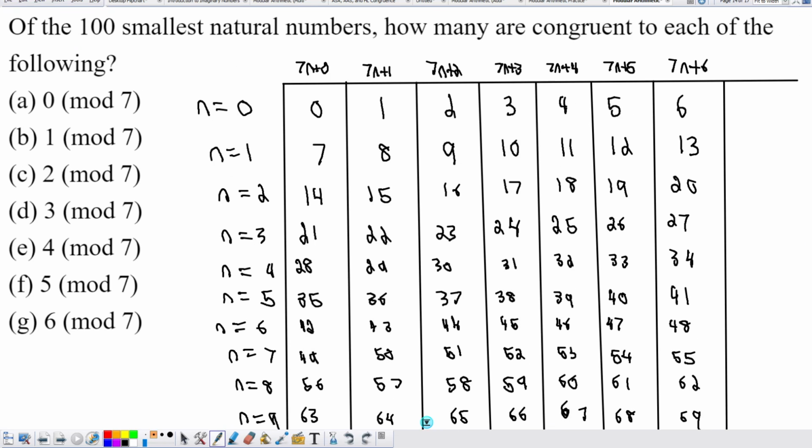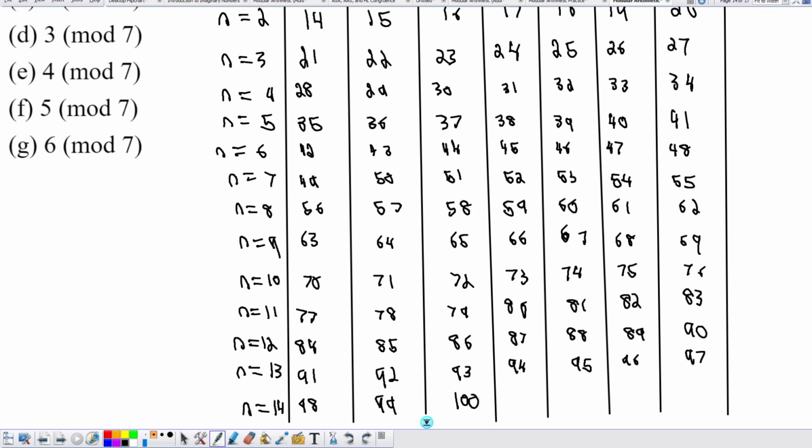Wonderful. Okay, so when it asks us how many of the smallest 100 natural numbers are congruent to each, all we have to do now is basically count up the n values, because that's the number of rows corresponding to each column.